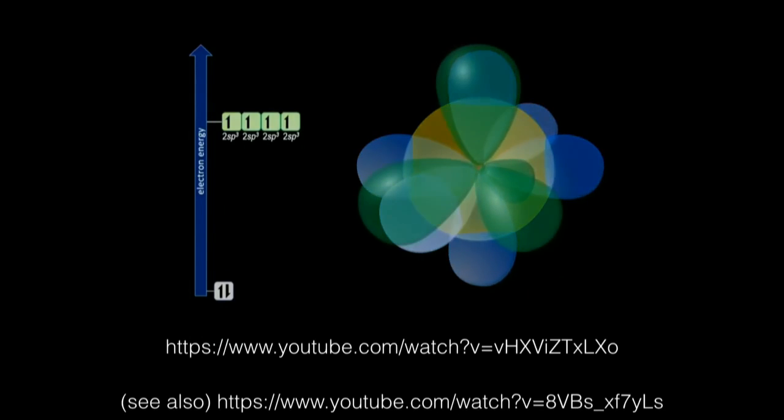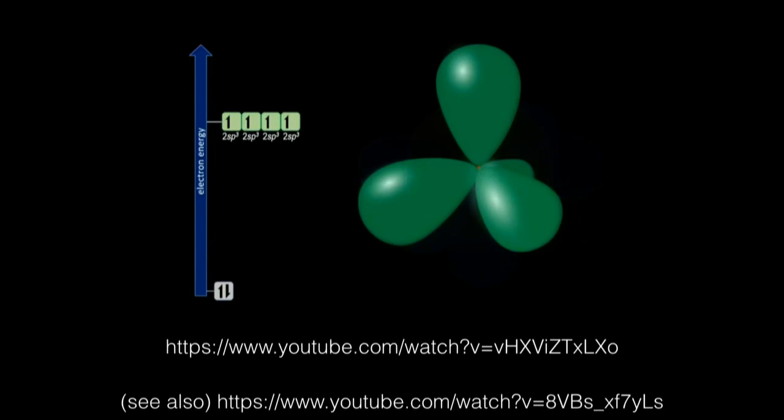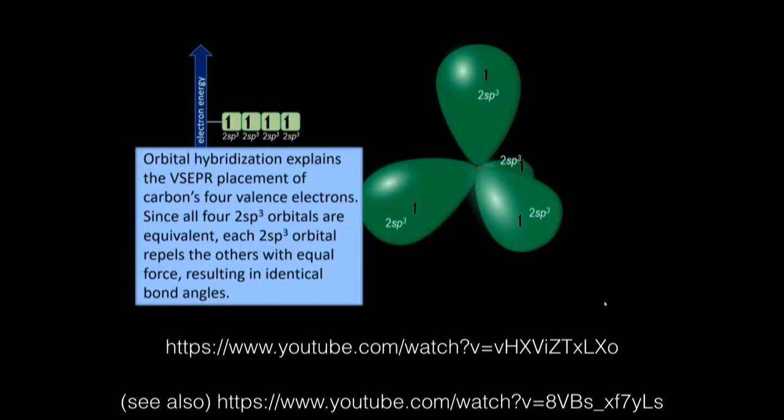And the sp3 orbitals have an entirely different shape. We can see that orbital hybridization explains the VSEPR placement of carbon's 4 valence electrons, since all 4 2sp3 orbitals are equivalent. Each 2sp3 orbital repels the others with equal force, resulting in identical bond angles.